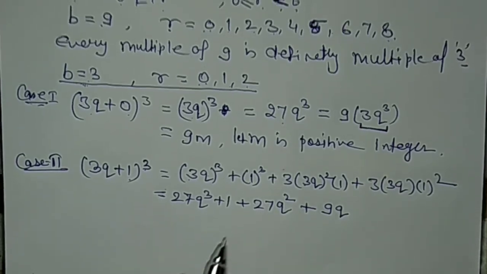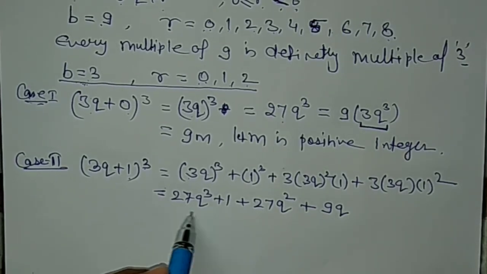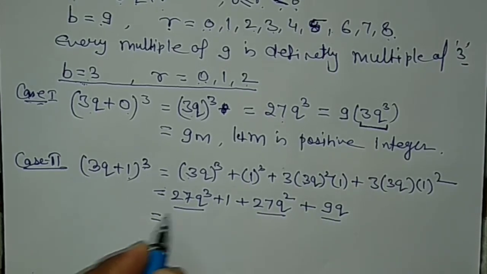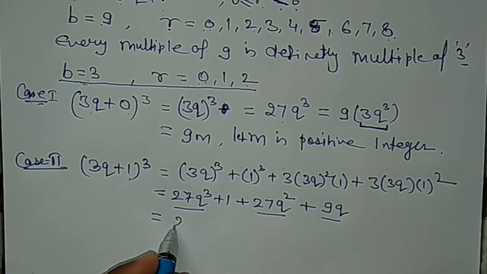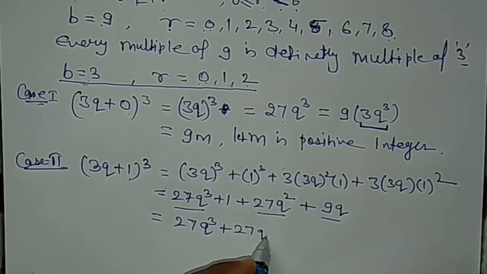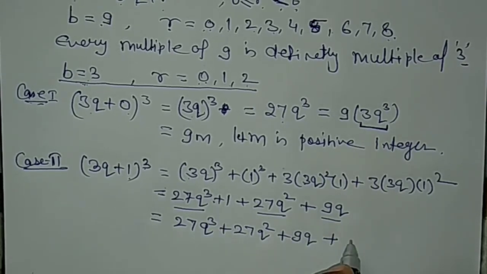Now we have to write this term and this term. On rearranging we can write 27q cube plus 27q square plus 9q, and plus 1 is also here.